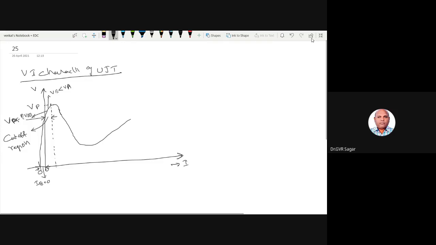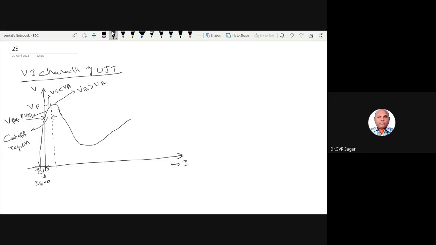So up to this point, peak point, no question of conduction in the PN junction. After crossing this peak point, in this region, VE is greater than VA.